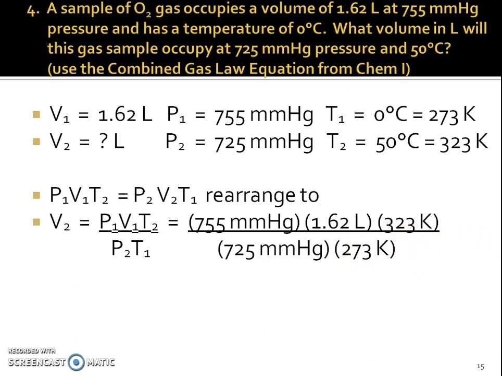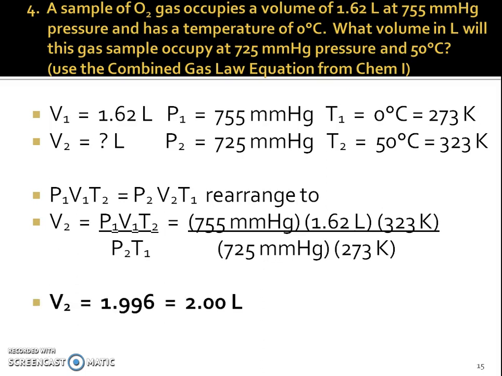If you're unsure about that, please ask me or somebody else that you feel comfortable talking to make sure you're understanding and doing the math right. If you're not that math savvy or calculator savvy, cheat. Do the top 3 numbers, multiply, get a number, write it down. Take the bottom 2 numbers and multiply, get a number, and then do the division. So do the multiplication on the top, do the multiplication on the bottom, and then do the division, to make sure that you get the right answer.